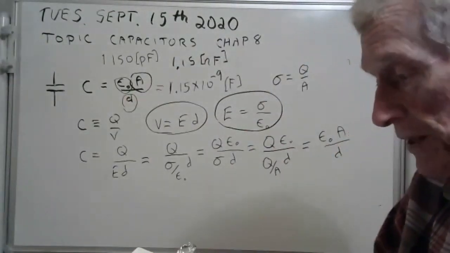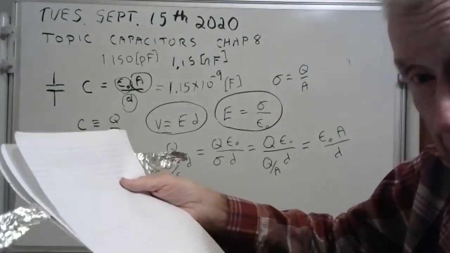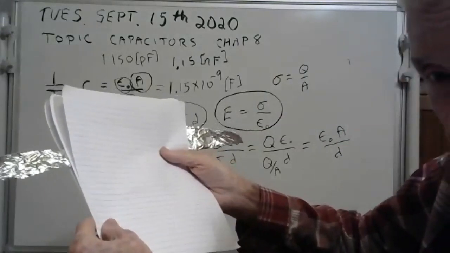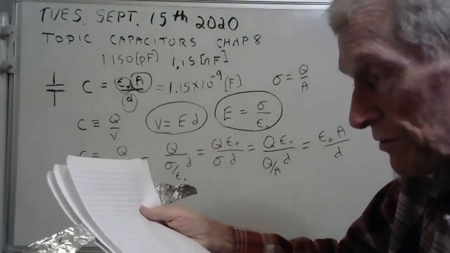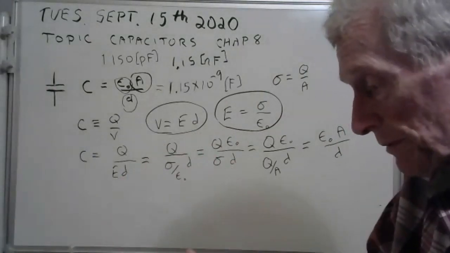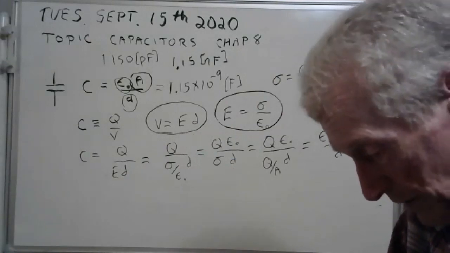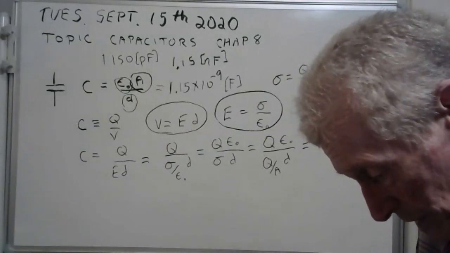Well, here, I'll show you this. This is kind of big and cumbersome here. Remember, I made myself a capacitor. Now you understand. But see, what I'm going to do is I'm going to roll this thing up. Let me start from the other end. Here we go. You can't see what I'm doing very good, but I'm rolling it up.